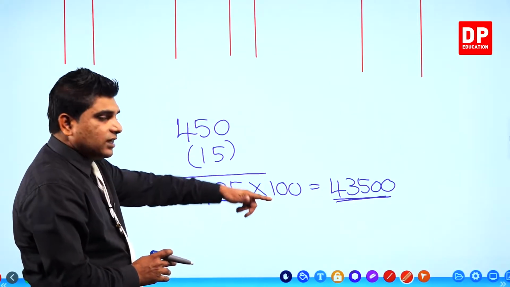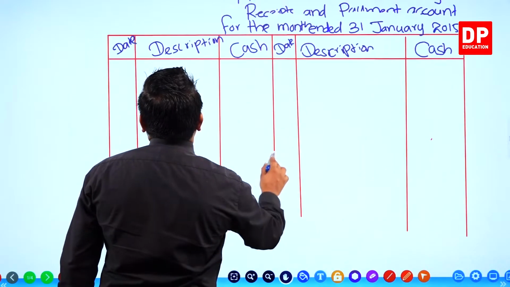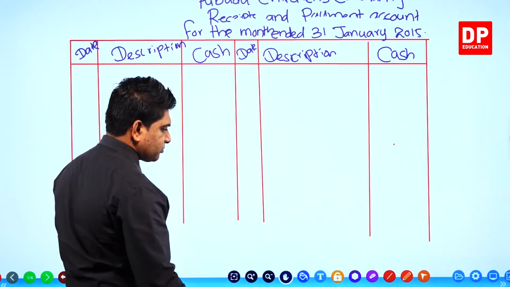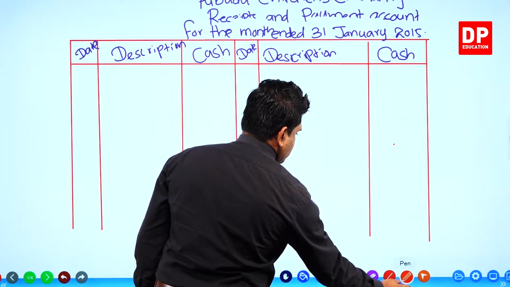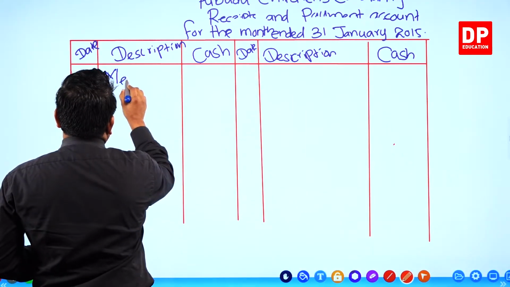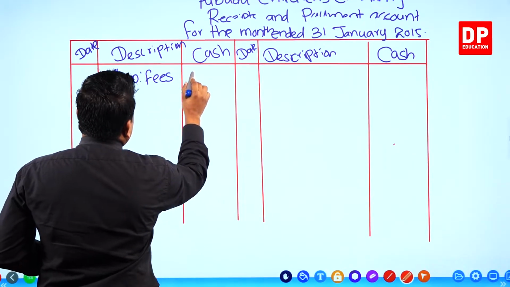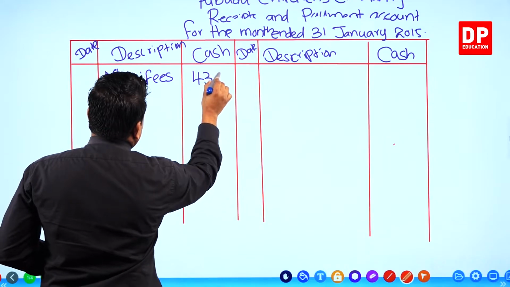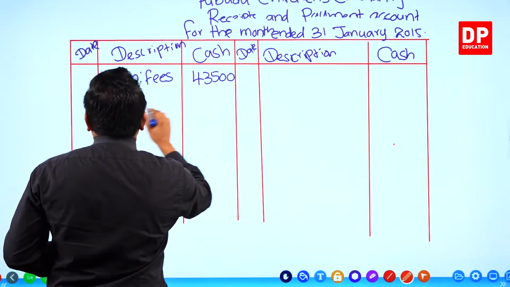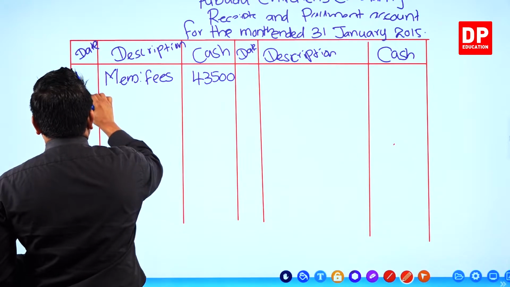You enter this detail on the debit side. Membership fees, 43,500. You put the date, January 31st.